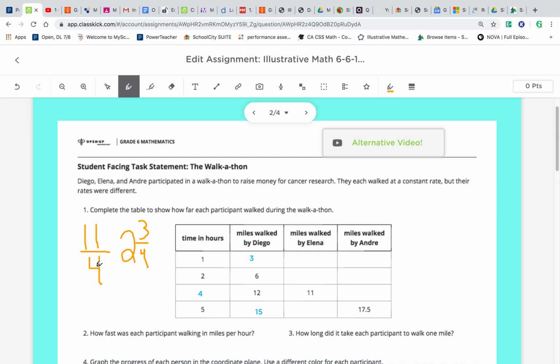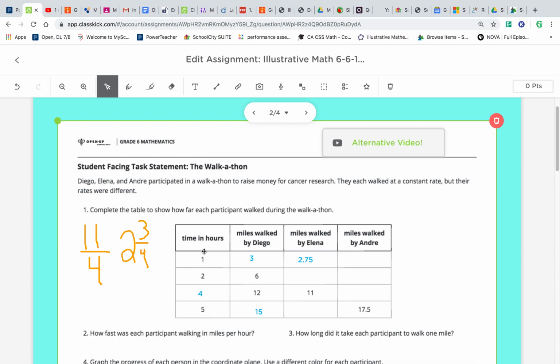But 11 over 4, 4 goes into 11 twice, and then you have 3 left over out of 4. So 2 3/4. So we can say that Elena walked 2 3/4, or you should also be aware 2 3/4 is 2.75. So I'm going to call it 2.75, partly because it's hard to write a mixed number without the proper buttons. But 2.75, 2 3/4, either one's the same thing.